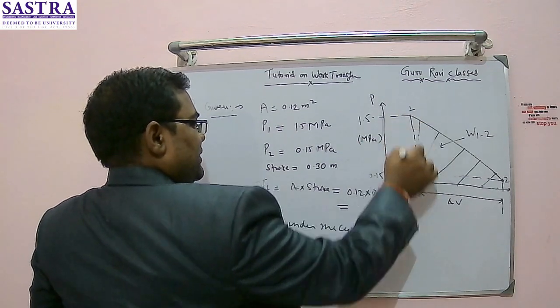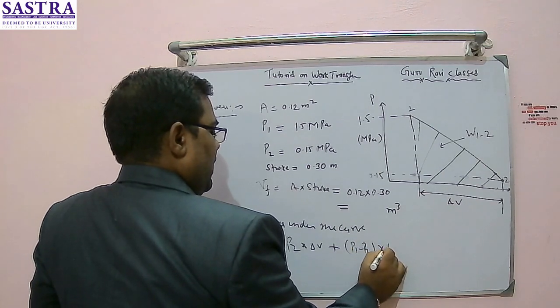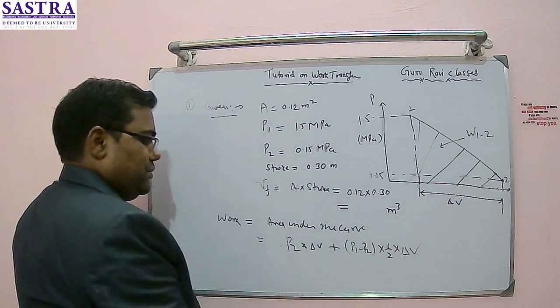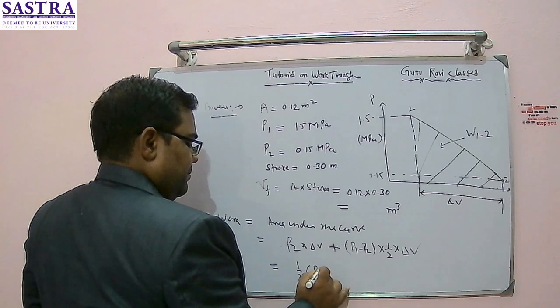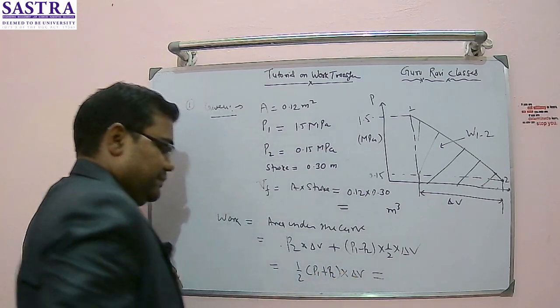So this distance is P1 minus P2, into half, into length, which is again delta V. So just solve this, you will get half (P1 + P2) into delta V, right?